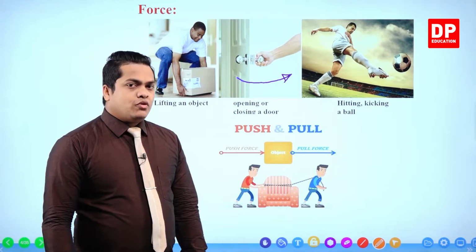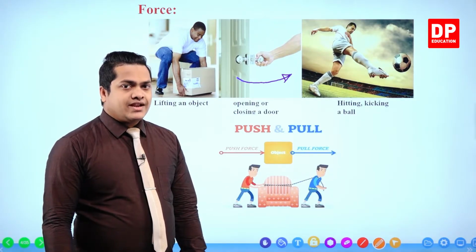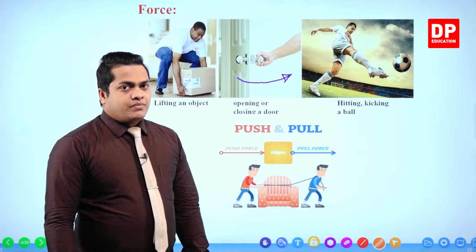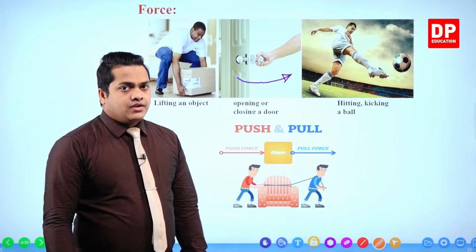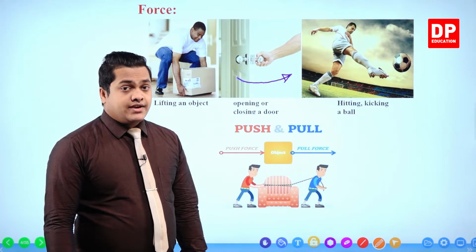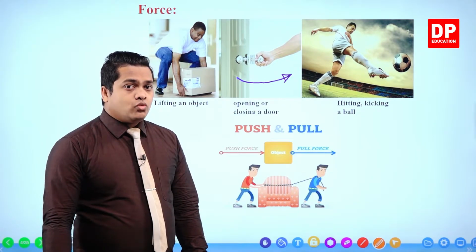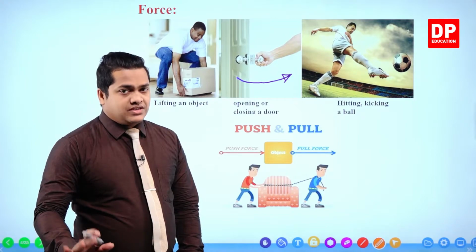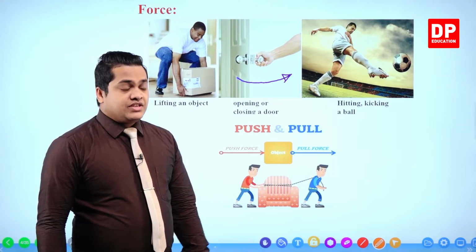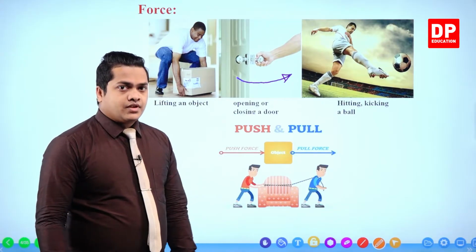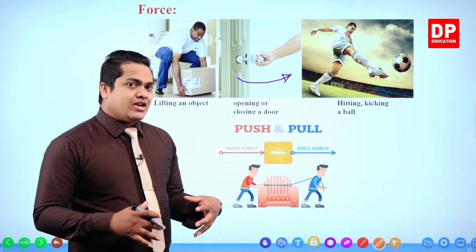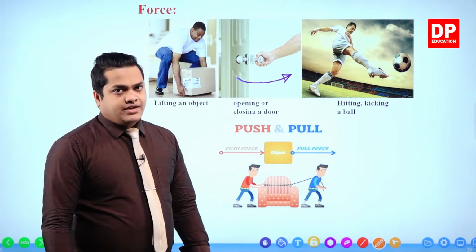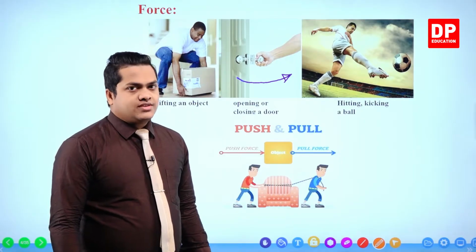A force is being applied on the door to move it in the direction of the person. So this is a pull. When something is being pulled, you can clearly observe that the object is coming towards you or towards the person.